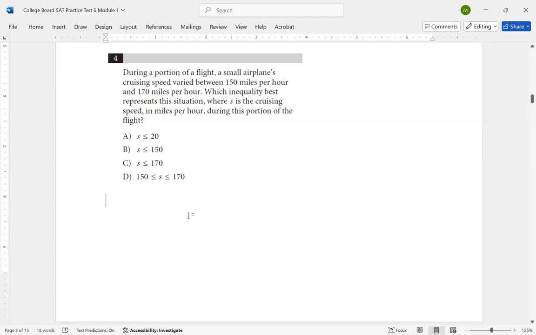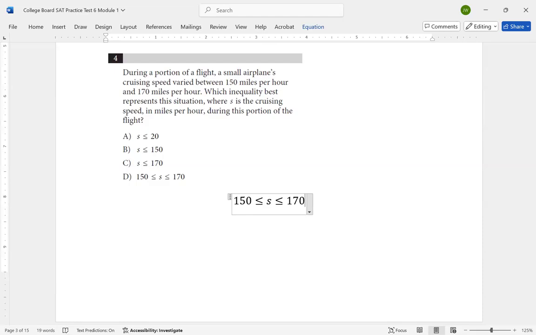So if at smallest, the speed was 150 and at largest, the speed was 170, that means that the cruising speed was always between 150 and 170 during that portion of the flight.